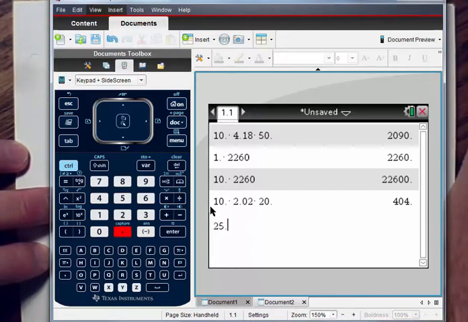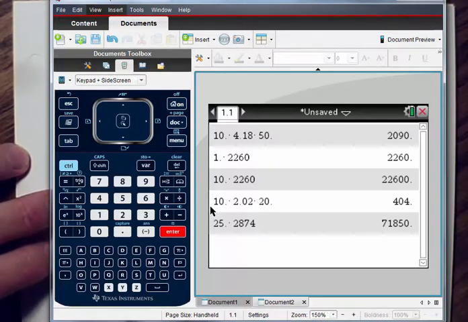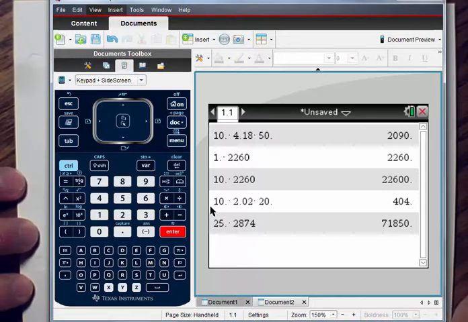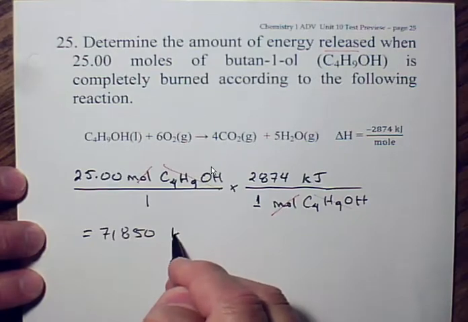So let's see, 25.00 times 2874, and we get this number. And what we have here are kilojoules left.